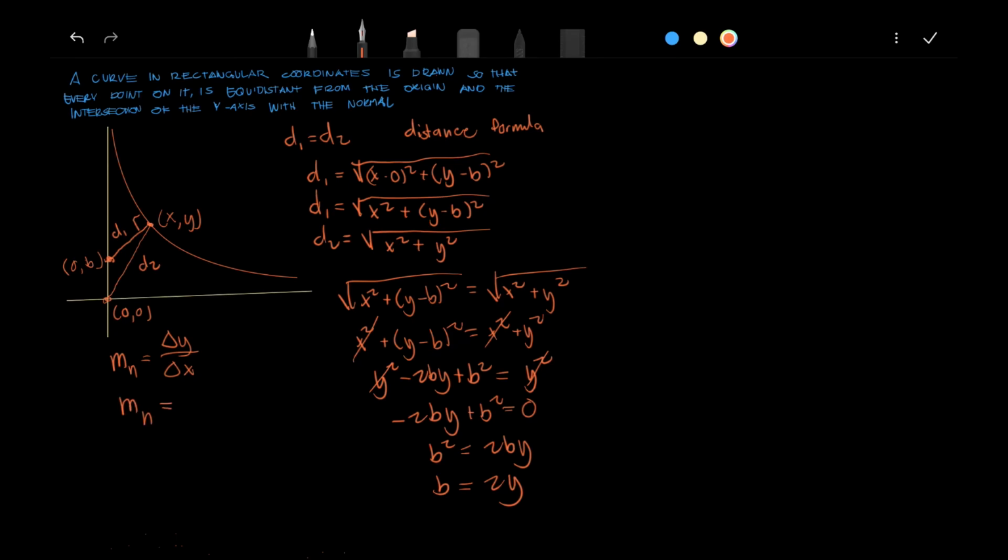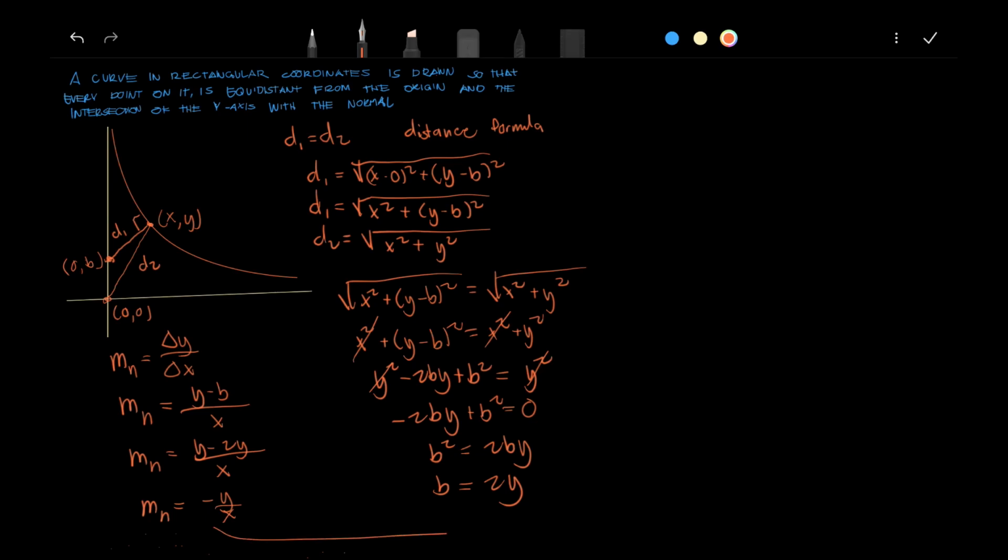The change in y is given by y minus b, and the change in x is simply x. Now we have y minus b over x, and we can just substitute this. Say y minus 2y over x, and we have negative y over x.